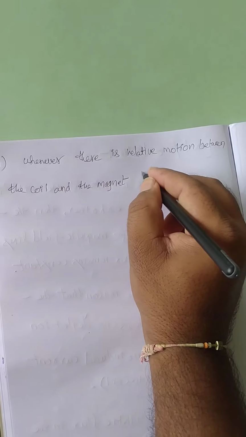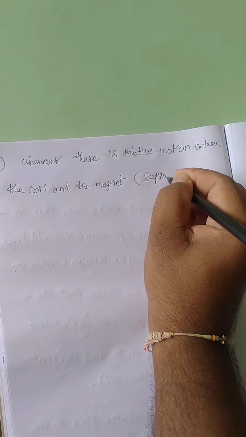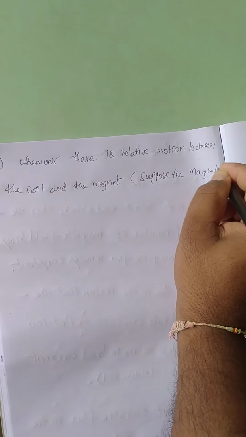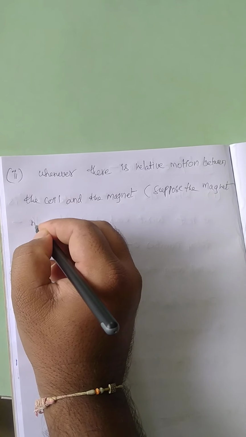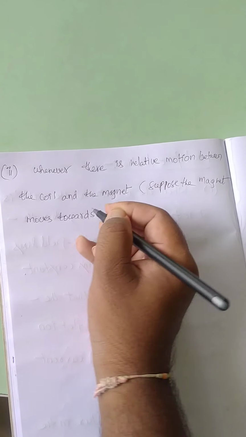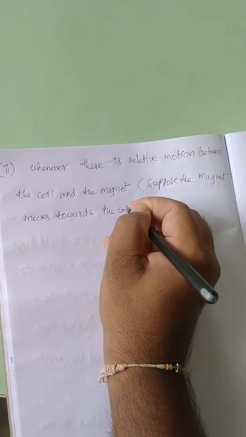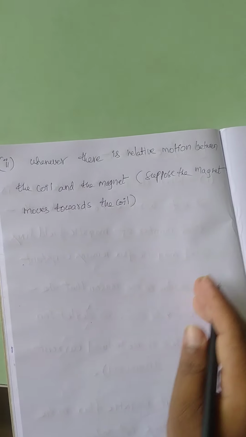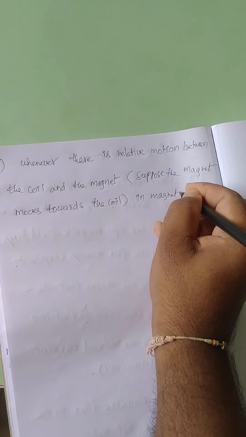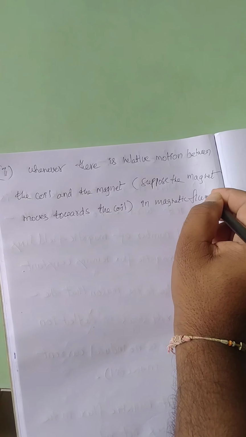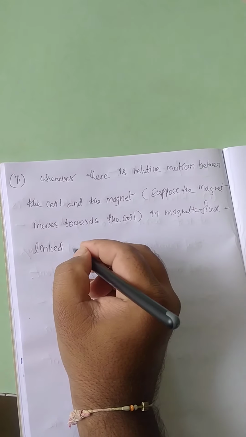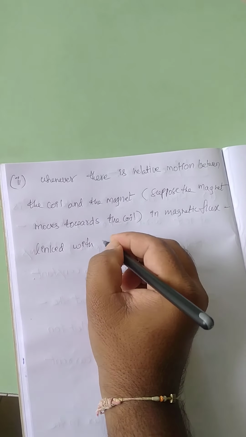Suppose, for example, the magnet moves towards the coil. It means there is a relative motion. Relative motion means with respect to each other. The magnetic flux linked with the coil changes.